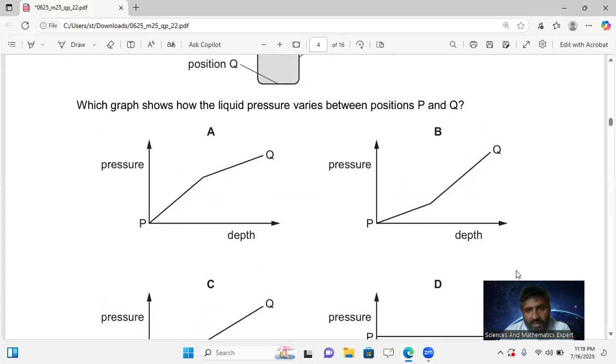Then for the low density, as the depth is increasing, it goes like this. For the high density it increases more, because pressure is equal to rho g h. When density is low, pressure is low. When density is high, pressure is high along the depth. Option B is fine for it.